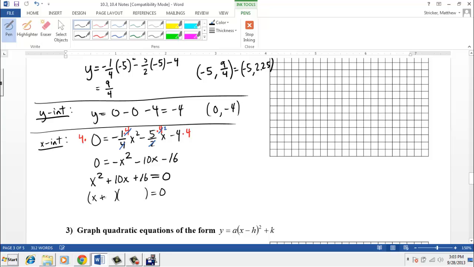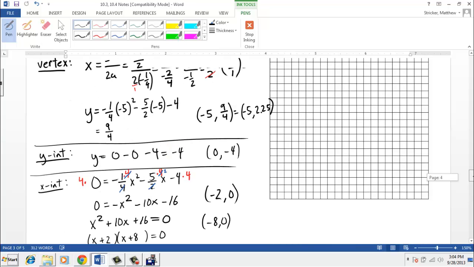Factors to x plus 2, x plus 8, which gives us x equals negative 2, and x equals negative 8. So we have the points negative 2, 0, negative 8, 0, which is more than enough to be able to graph this quadratic.